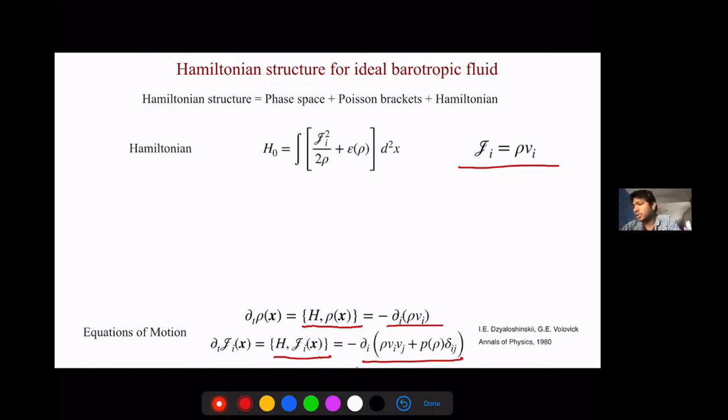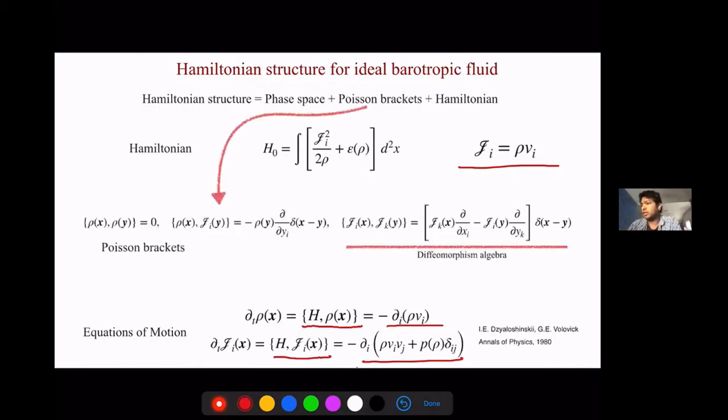In fact, you can construct these brackets, and it turns out that these are the Poisson brackets that you need. This is just that rho commutes at all points, and these are the rho-J brackets. And the most well-known in mathematical terms is the momentum bracket. This has a very interesting structure. By itself, it's called the diffeomorphism algebra, and this diffeomorphism algebra, supplemented by these additional two density Poisson brackets, is called the extended diffeomorphism algebra.